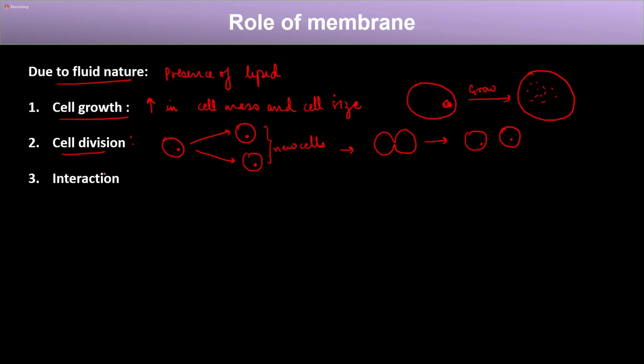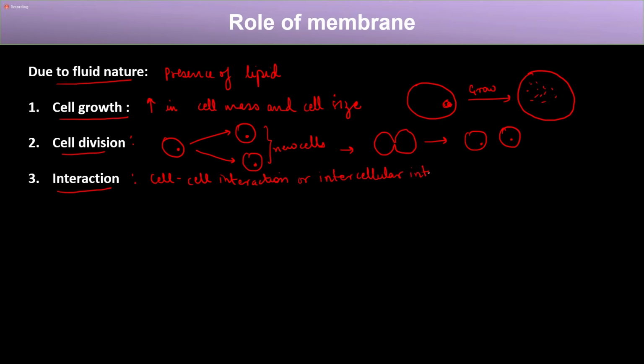The third role of the plasma membrane is interaction. So here, by interaction I mean cell-cell interaction, which is also called intercellular interaction.